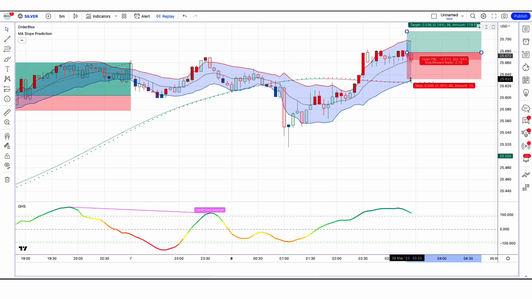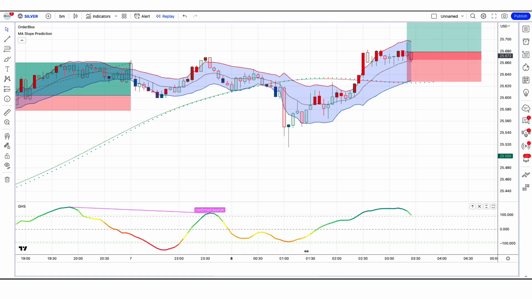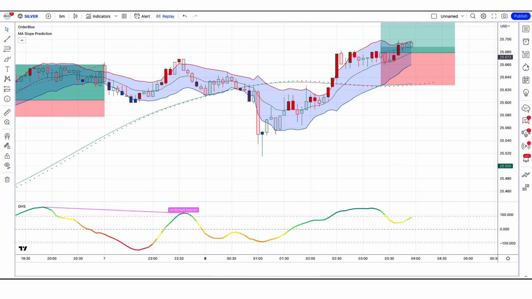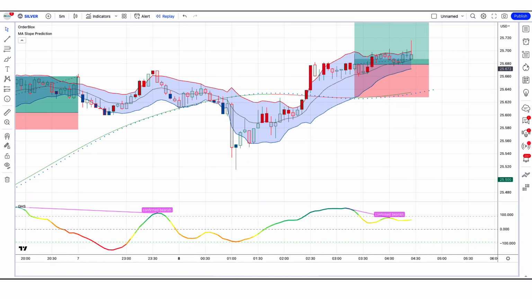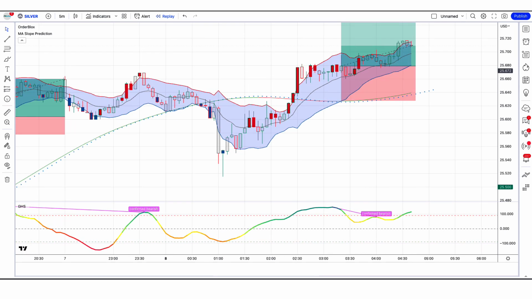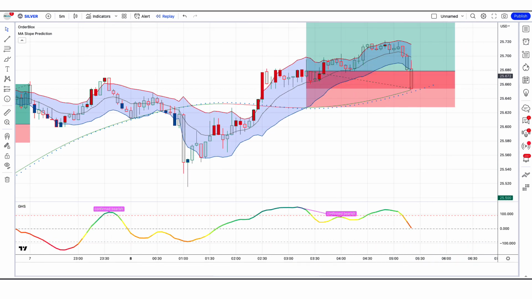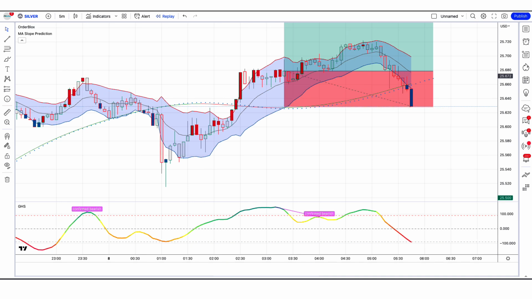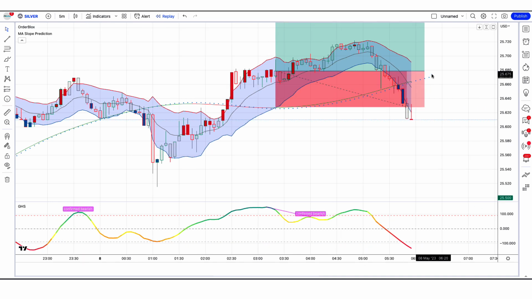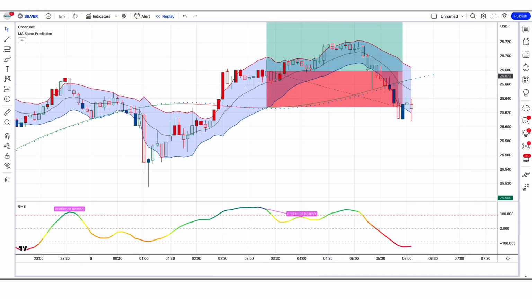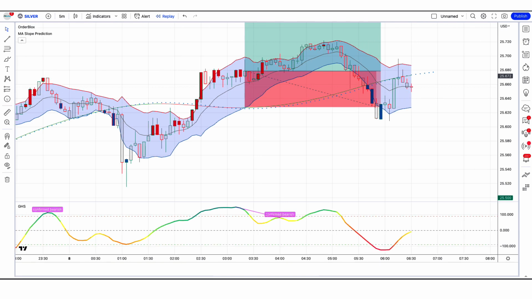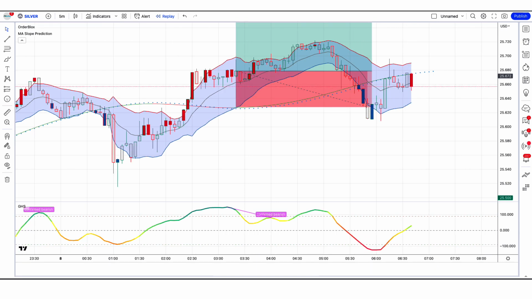Our stop loss will be placed at the lower level of the order blocks indicator, and the risk to reward ratio will be 1 to 2. We have lost this trade. Never mind, sometimes it happens in the market. Let's find the next trade.